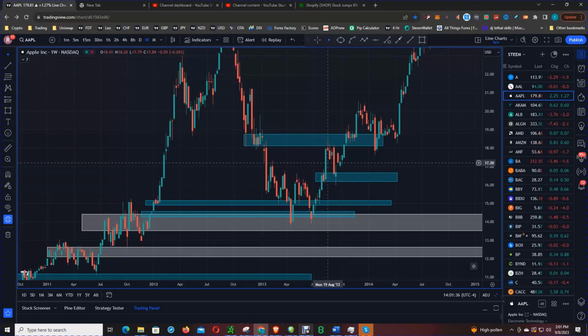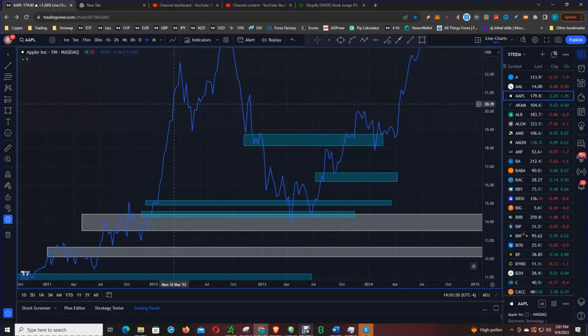This was a rally, base, rally. Depending on where you would have put your stop level, it would have worked out or not. Then you had another one, a rally, base, rally. Could we see that on the line chart? Yeah. But that didn't work out, right?